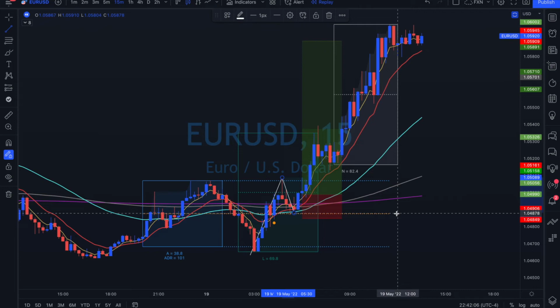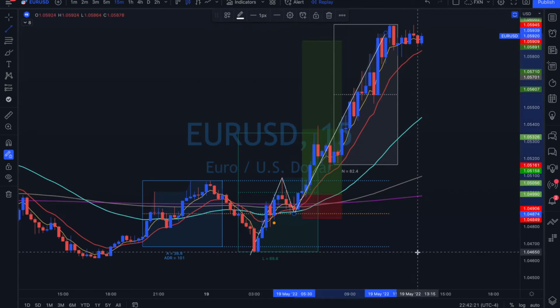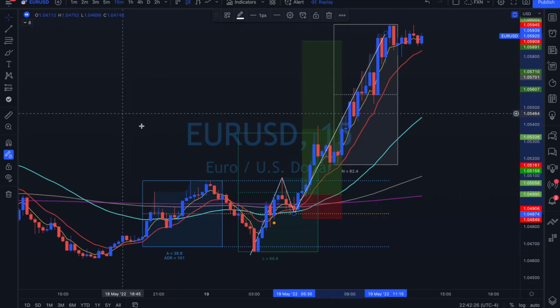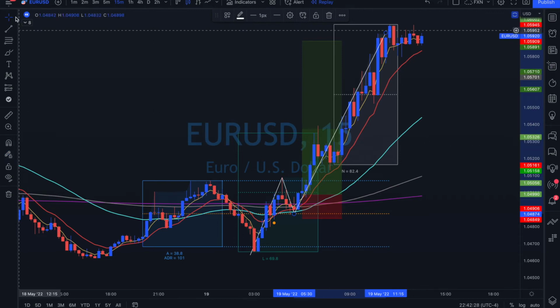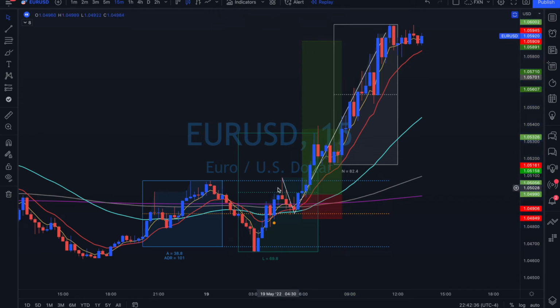And what are they going to do? They're going to act as a form of support to prevent price from going lower. So that right there is a good trade confirmation that you can use. And then, of course, you could see what ends up happening afterwards. This would be a great example of using the EMAs, particularly the 200 and 800, as trade confirmations, because price essentially is pinning to those EMAs.